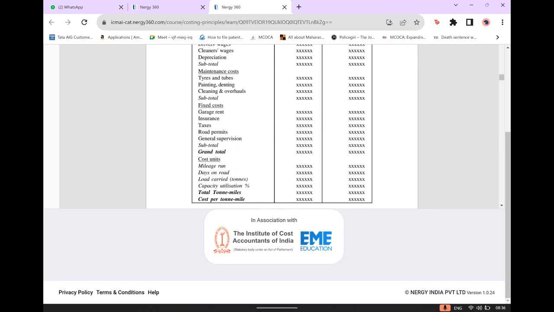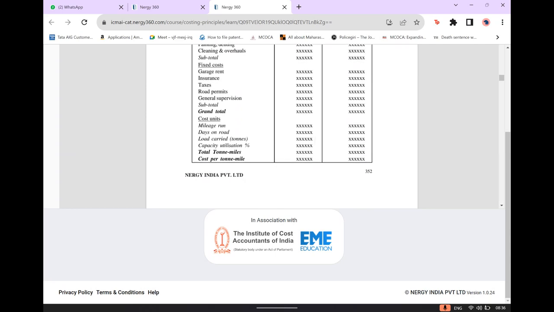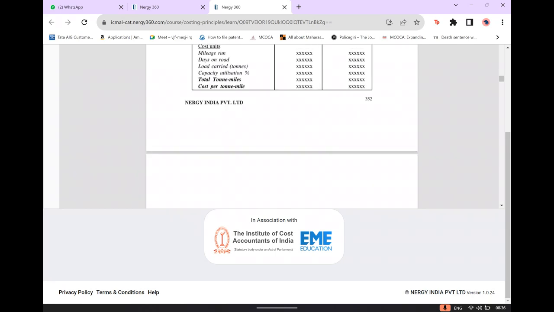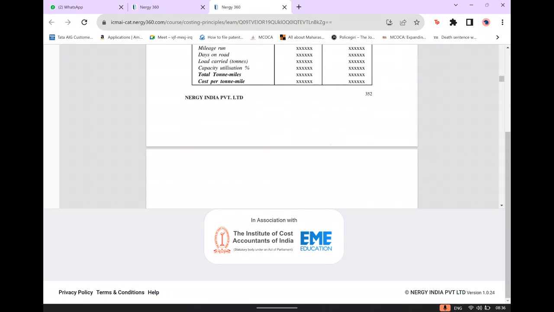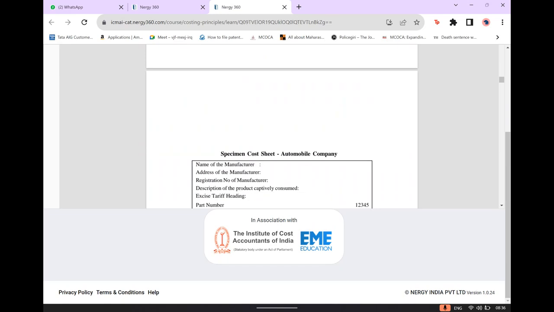So I have explained to you how to calculate that also. So then you arrive at the ton mileage, then cost per ton mile or ton kilometer. So whatever it is, the transport industry. They can be passengers also, it can be passenger kilometer also. It can be tons. If they are shifting the goods and all that, then it will be ton mile.